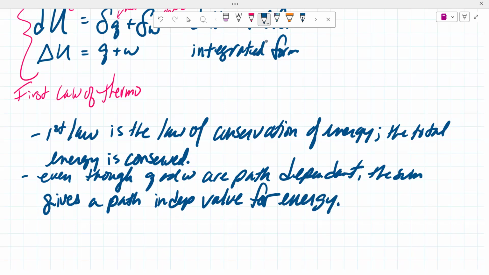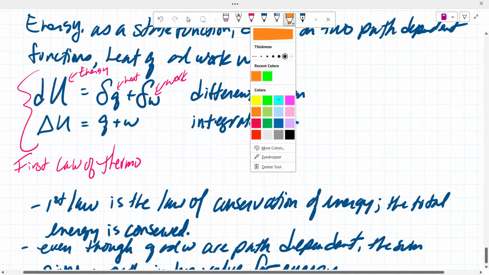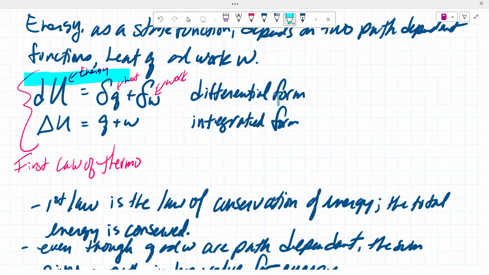Okay, so that means that somehow these path dependent things have to compensate for each other, right? And that's essentially exactly what these equations are telling us. It says that the total energy is equal to the sum of the two parts. This is actually a really important equation, so I'm going to highlight this for our future reference, just to remind ourselves that this one is very important, in case first law of thermodynamics didn't clue you in on that.